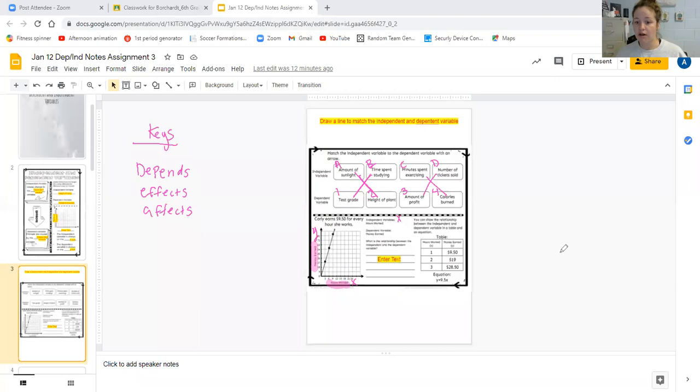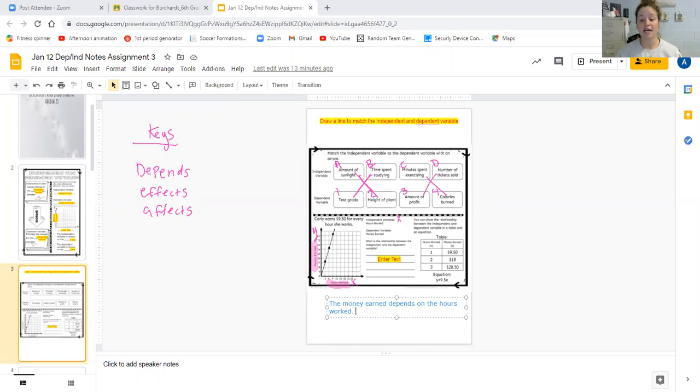All right. So if we're looking at this, Ezekiel, give me your sentence. So I said the amount of money Carly gets depends on the amount of hours she works. Very good. Yes. So if we're using the word depends, we have to put the dependent variable first, which we said was the money earned. So the money earned depends on the hours worked.